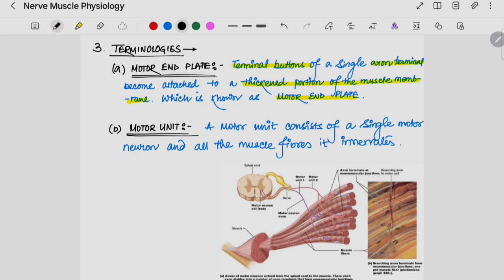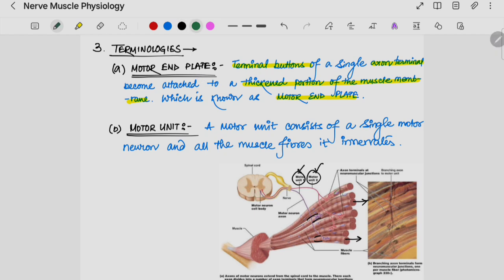Like this one. Let's say this is motor unit 1 and this is motor unit 2. Motor unit 1 supplies this muscle fiber and this muscle fiber, so these two muscle fibers are the motor unit of that particular motor neuron.